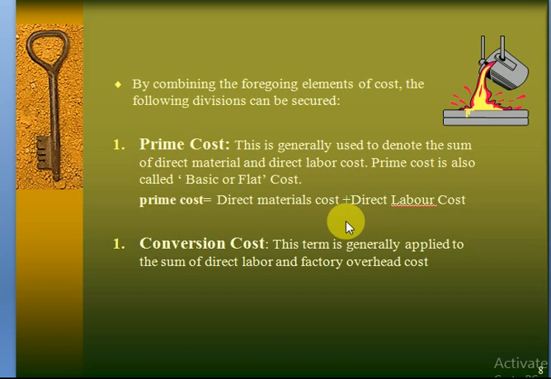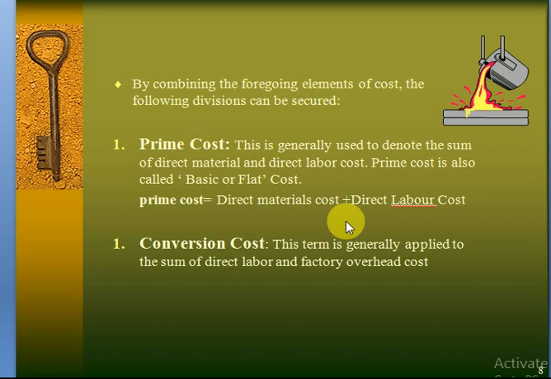The manufacturing process starts from the direct material, and on those direct materials, work in process takes place through direct labor. And when the work in process is complete, the raw material is fully converted to finished goods.